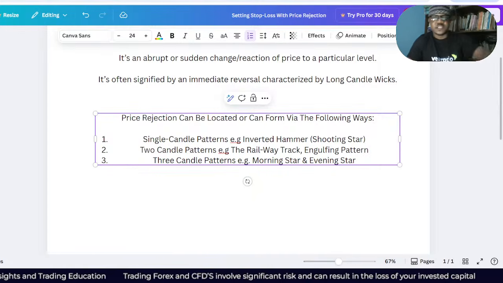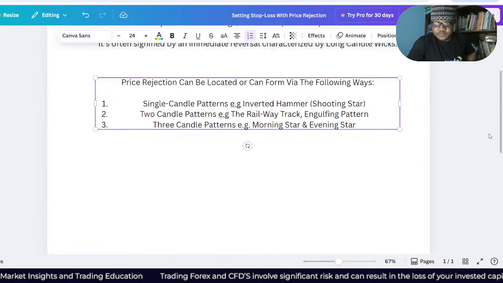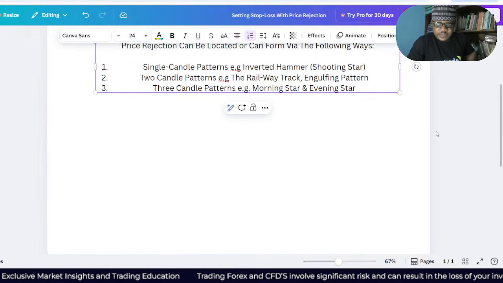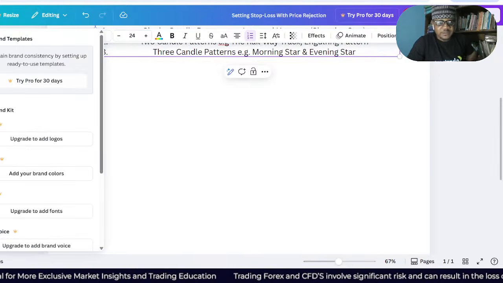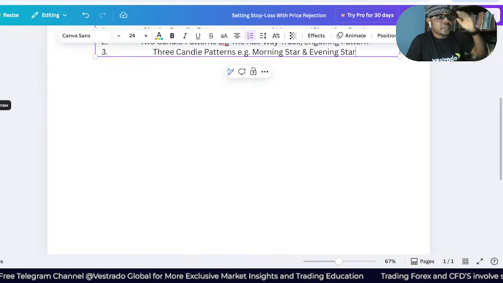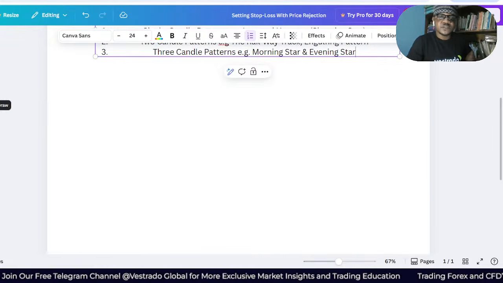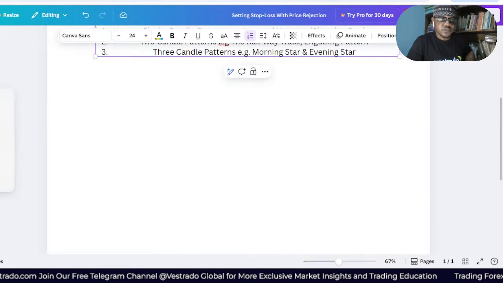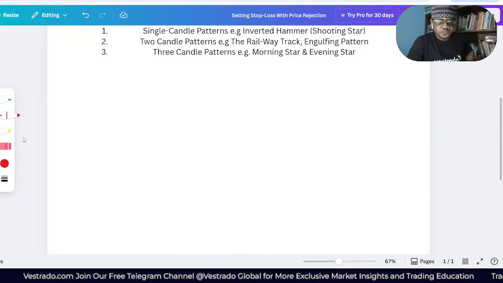So let's look at each one after the other. First, we look at the single candle pattern. I talked about this topic briefly on Facebook yesterday under the topic called the most convincing signs of price reversal. If you're interested in that, you can go there and check.